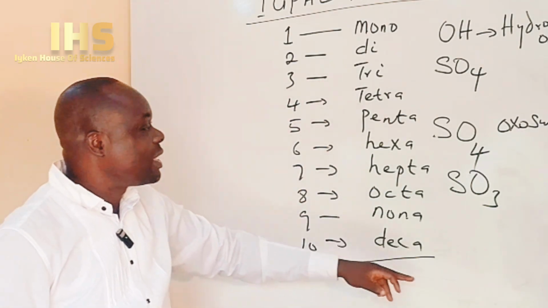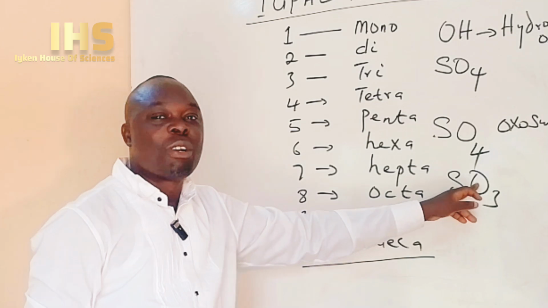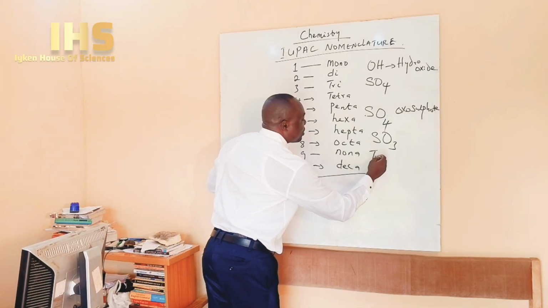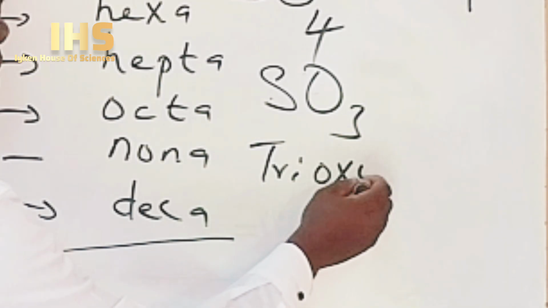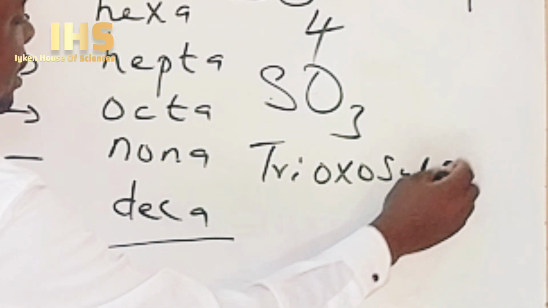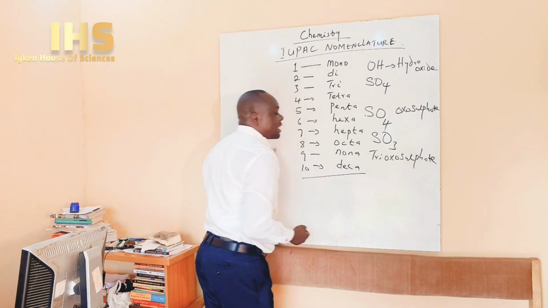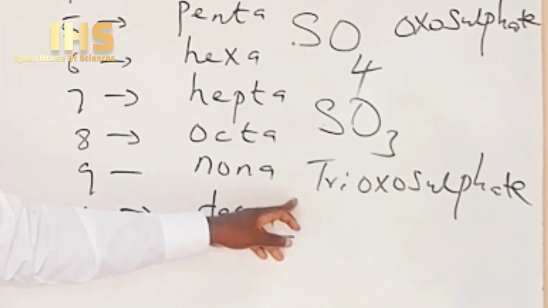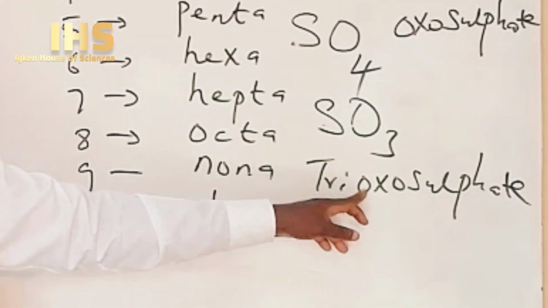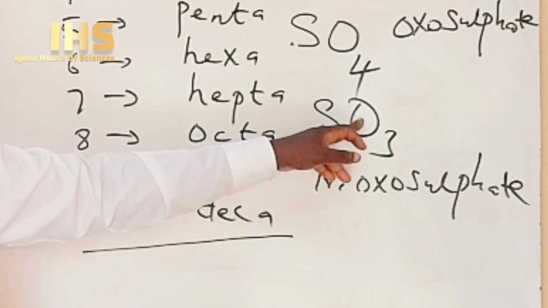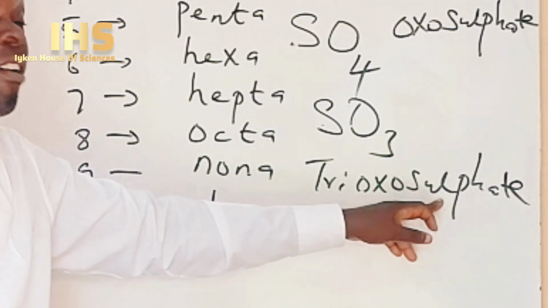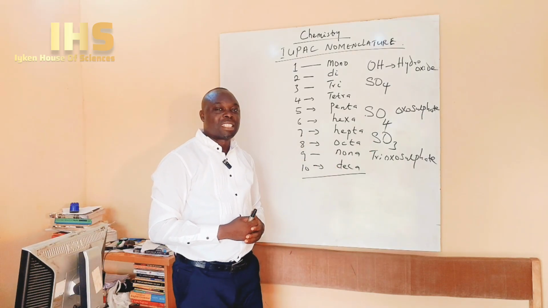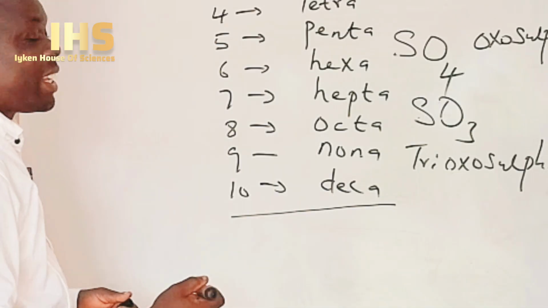So this is called trioxosulfate. When you write this in chemistry, the person knows that what is attached to O there is 3. Oxo means oxygen. Then sulfate is from sulfur. That is it.